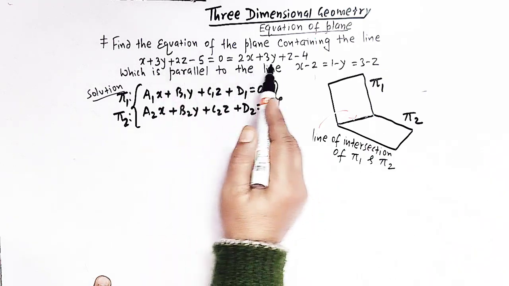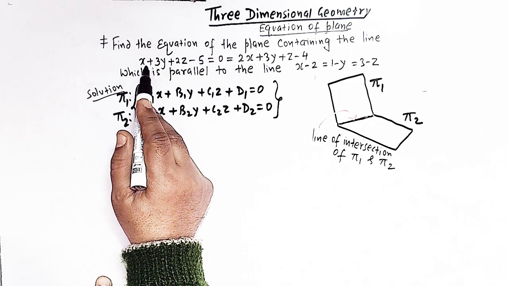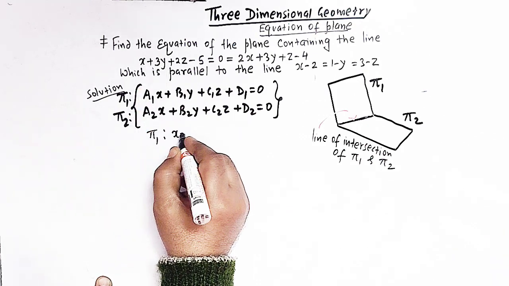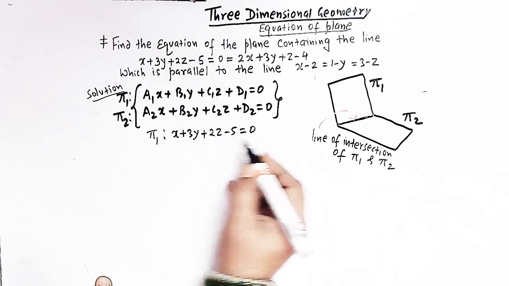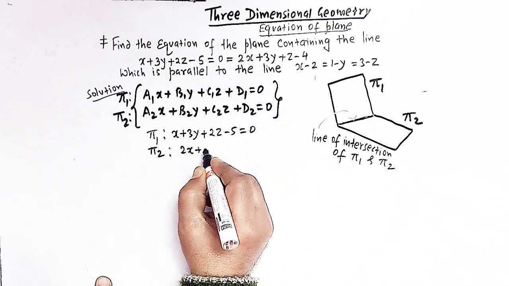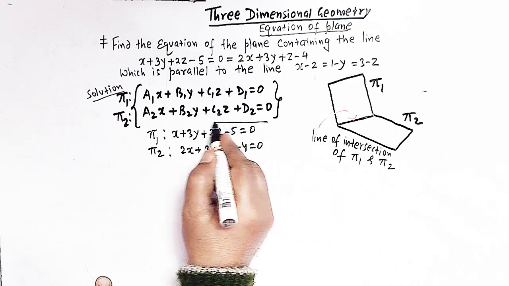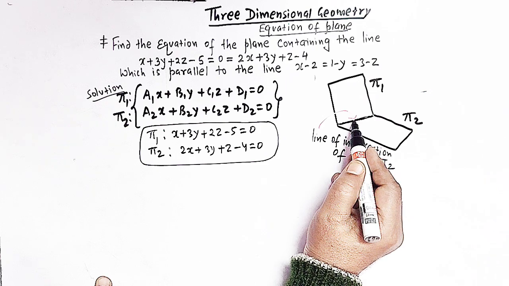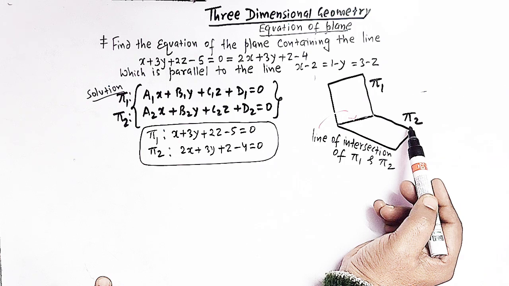So in the given problem, we are given the equations of two planes. So let us denote this plane by pi 1. So pi 1 is x plus 3y plus 2z minus 5 is equal to 0, and pi 2 is 2x plus 3y plus z minus 4 is equal to 0, and the combination of these two planes gives us the line of intersection of pi 1 and pi 2.